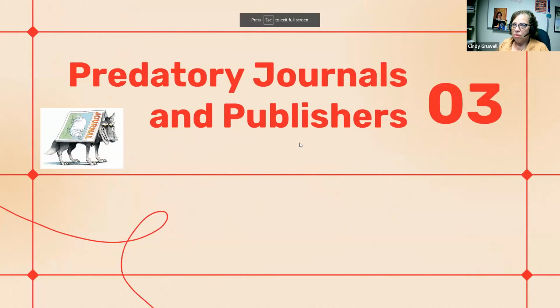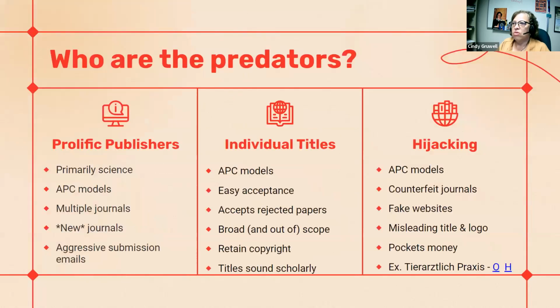So let's talk a moment about predatory journals and publishers, because this is an issue, especially in relation to open access. They kind of fall into three categories. Prolific publishers are primarily in the sciences. Unfortunately, they have APC models. They have multiple journals, a lot of new journals, and a lot of times they send very aggressive submission emails: we want you to publish with us for a fee.